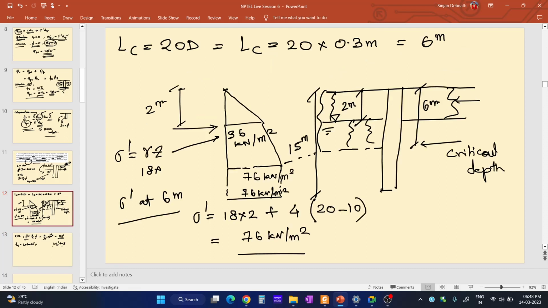What will be the effective average overburden pressure at this depth, that is at a depth of 2 meter? 36 kilonewton per meter square is the overburden pressure at 2 meter depth. So what will be the average effective overburden pressure at the top? It is 0 at the ground surface. So that means 0 plus 36 by 2.